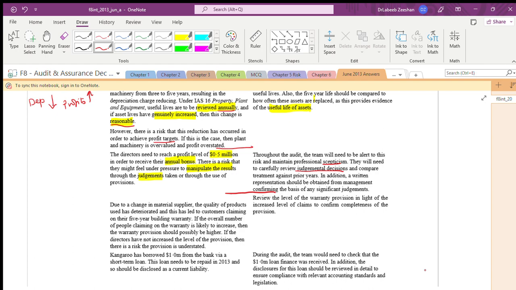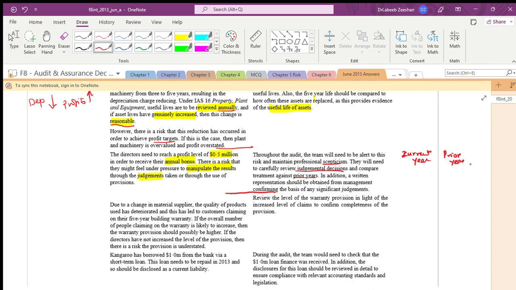When they say there is a profit of 0.5 million, definitely we will compare the profit of the current year with the prior year. There will be a need to carefully review decisions and compare with the prior years.